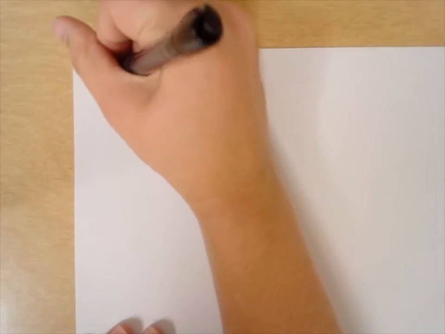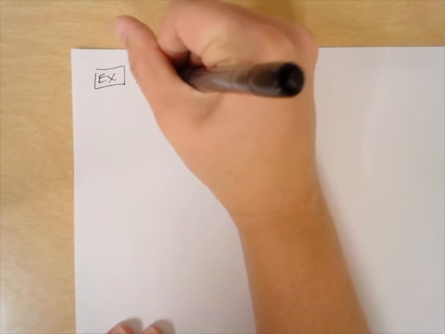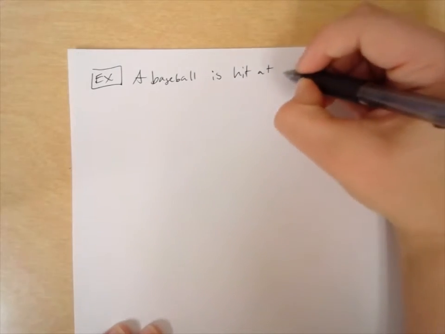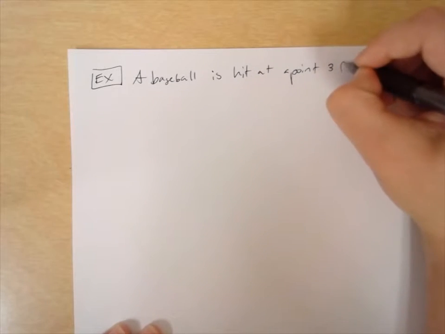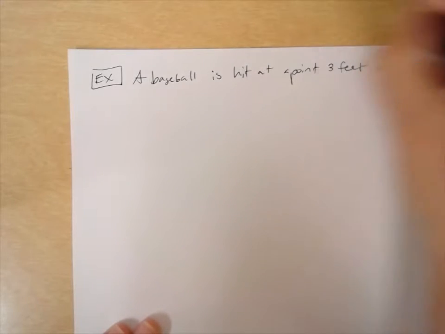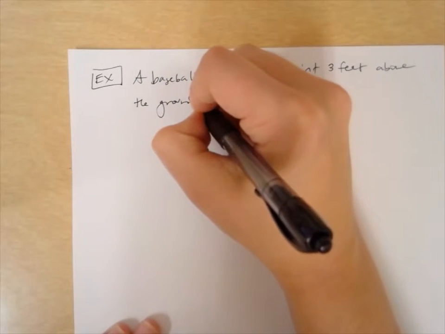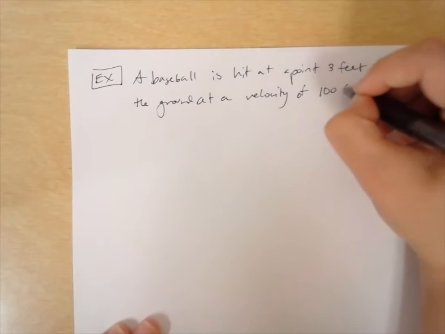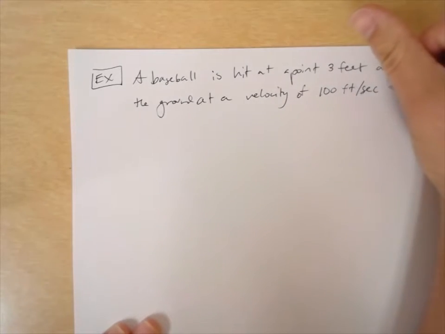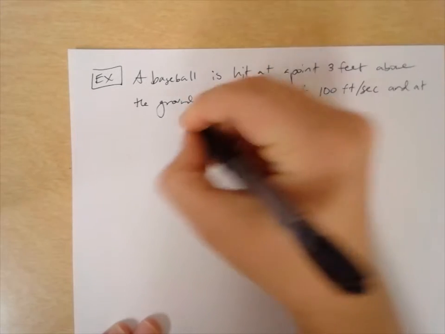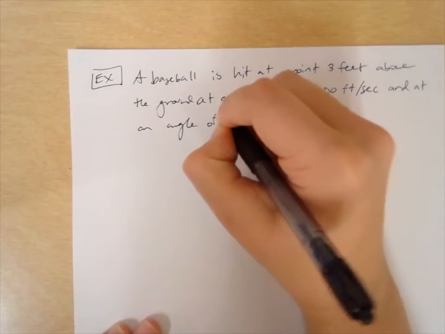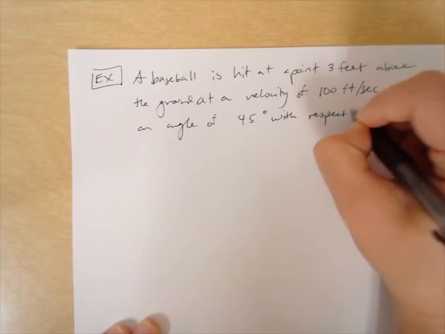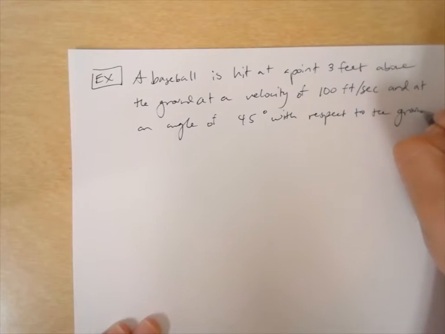So, say for example that a baseball is hit at a point 3 feet above the ground at a velocity of 100 feet per second and at an angle of 45 degrees with respect to the ground.